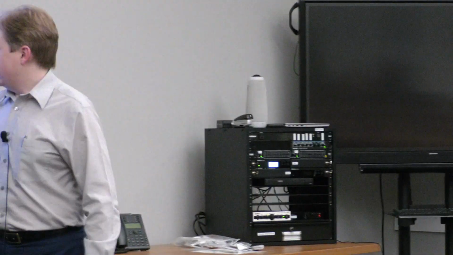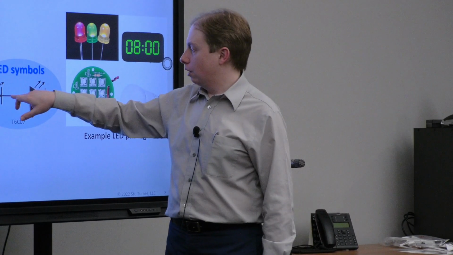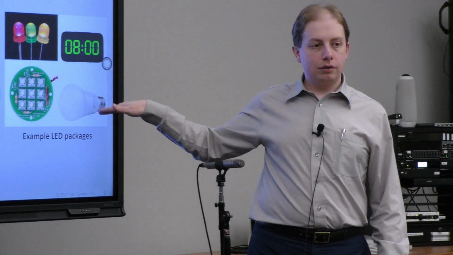If you look at the symbol, it looks like an arrow pointing to a wall. This is really helpful because that arrow shows you what direction the power flows. Now I'm going to go on a tangent because I can't let this go without talking about which direction the electrons actually flow.